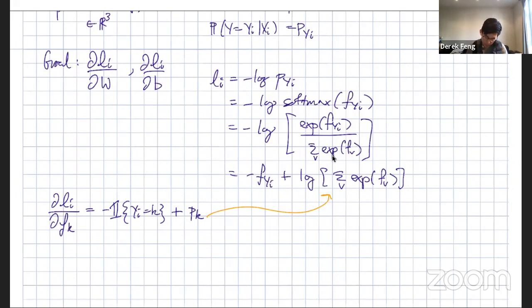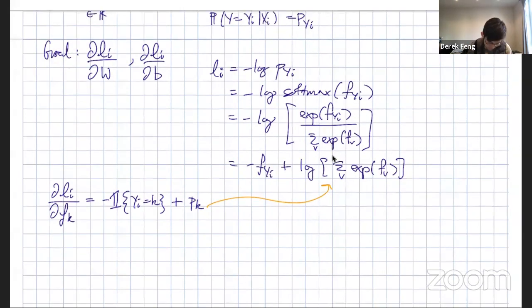Then what comes out is just e to the fv where v is equal to k, so that ends up being just pk. So far, I haven't really done much. All I've looked at is this particular quantity, and we see that it looks like this. So far so good?